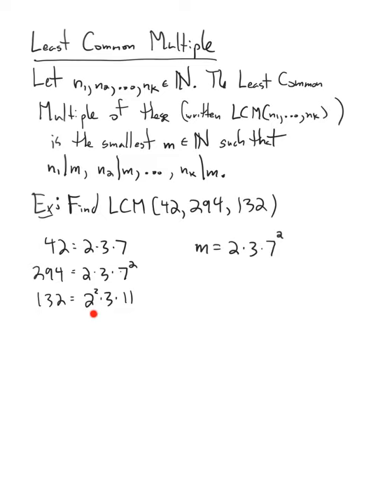And then we look at 132. It needs to be a multiple of 132. So it needs to have two 2's, a 3, and an 11. Well, we already have one 2, but we need a second 2 because it also needs to be a multiple of 132. And we need an 11 as well.